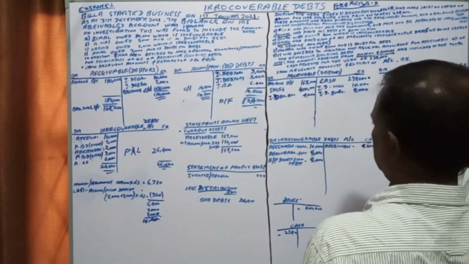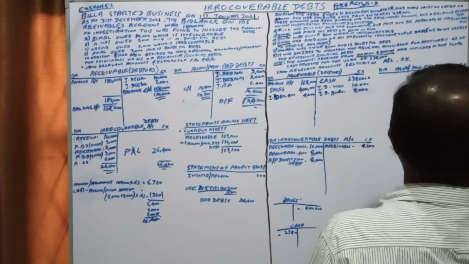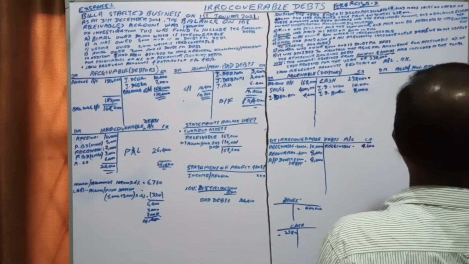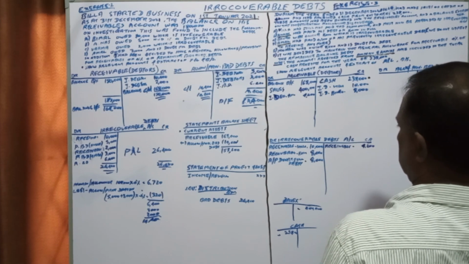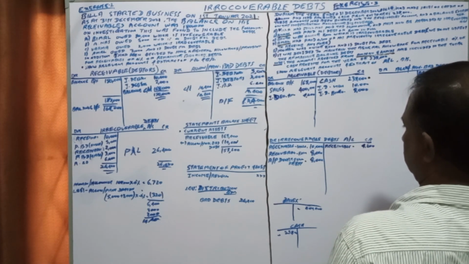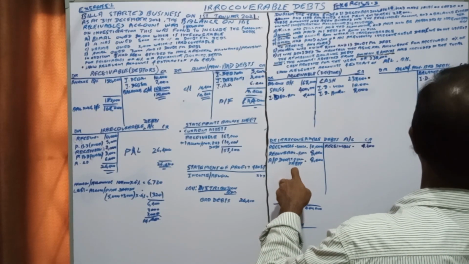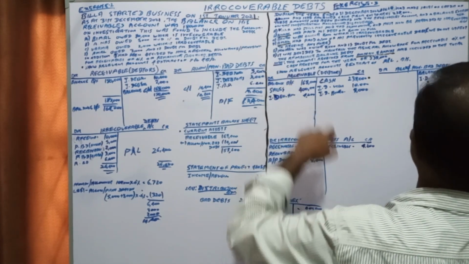Here you say receivable debtors account 8,000. This is made as Mohan.